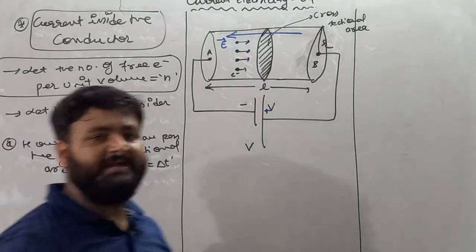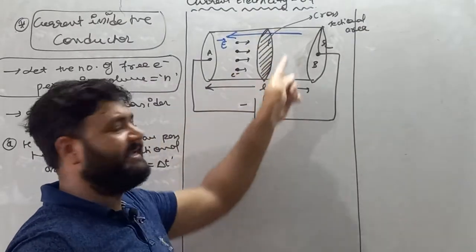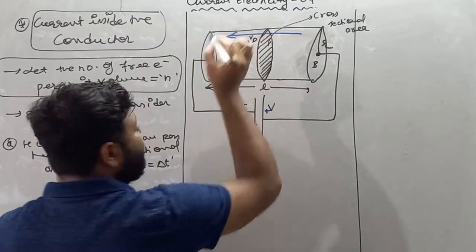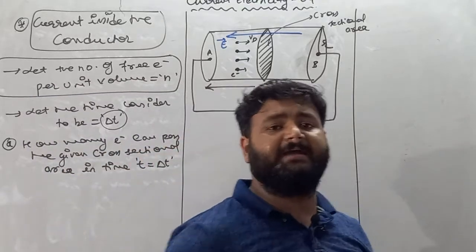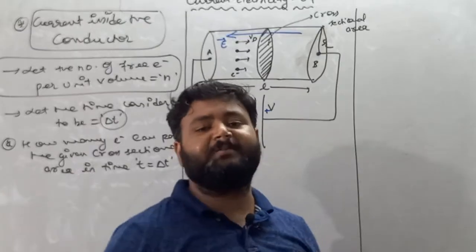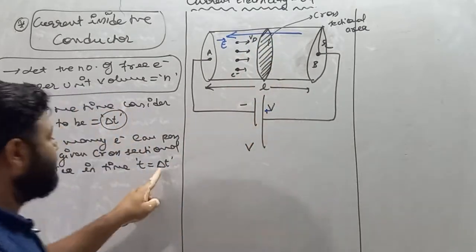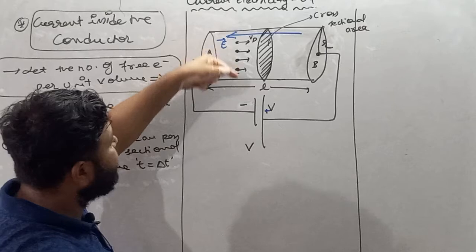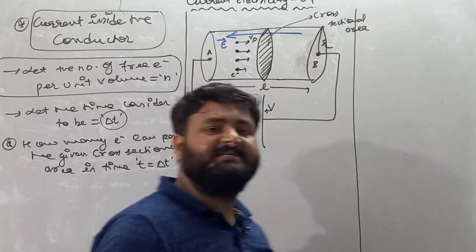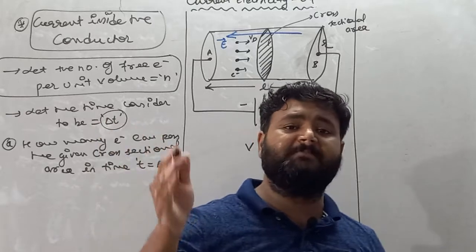I am interested to find how many free electrons can pass this cross sectional area in time delta t. As we all know, all these free electrons carry the same velocity, called drift velocity, and the value of drift velocity is E by m into tau.